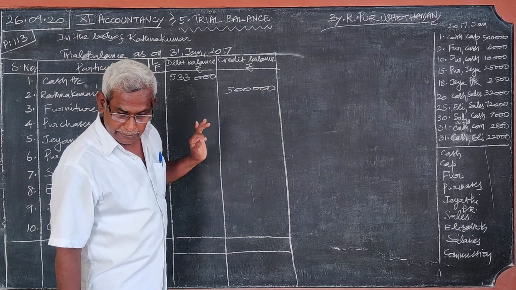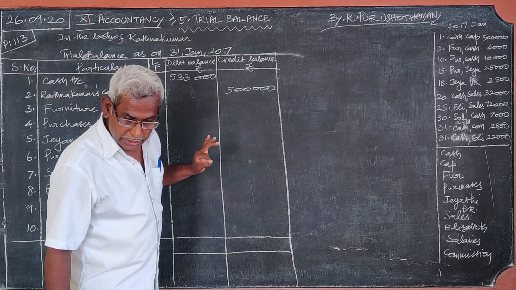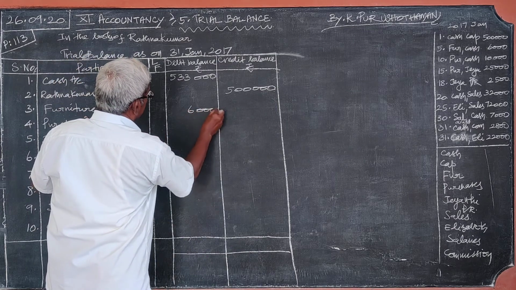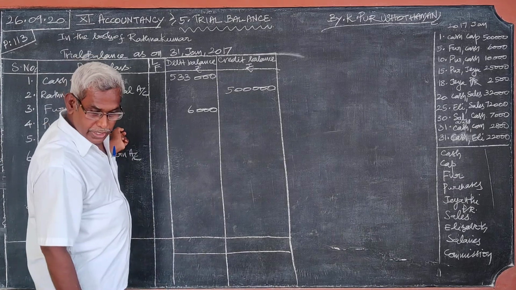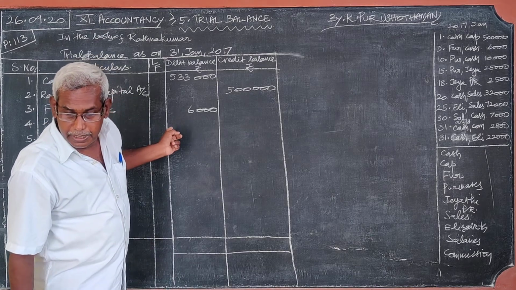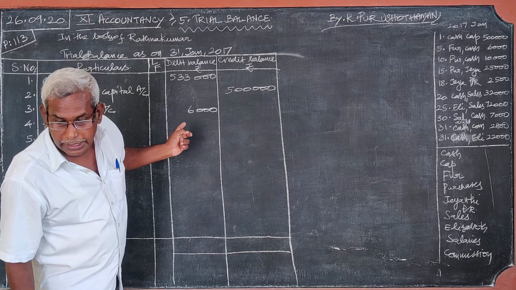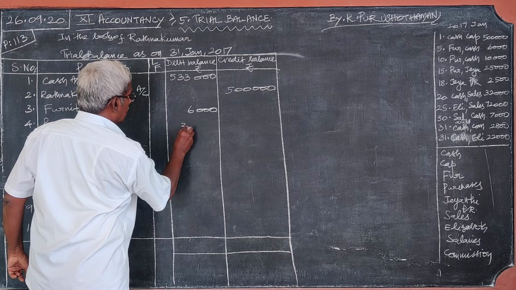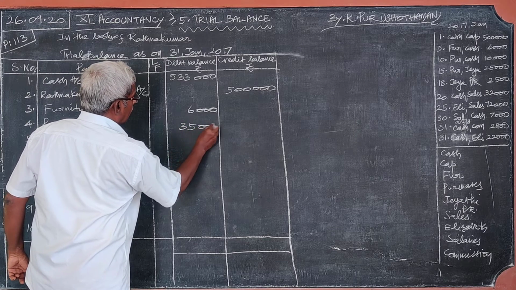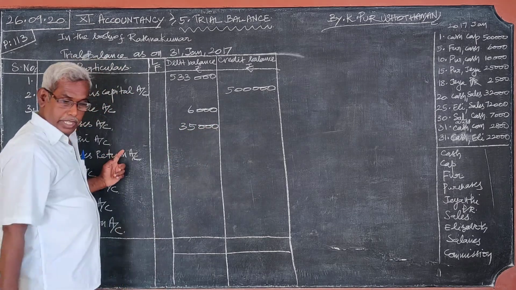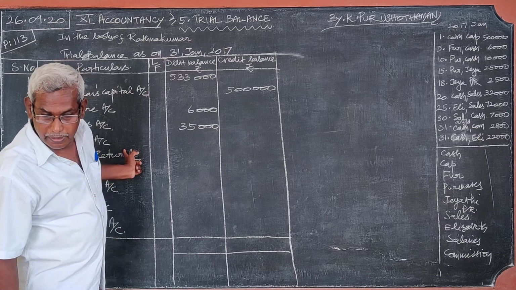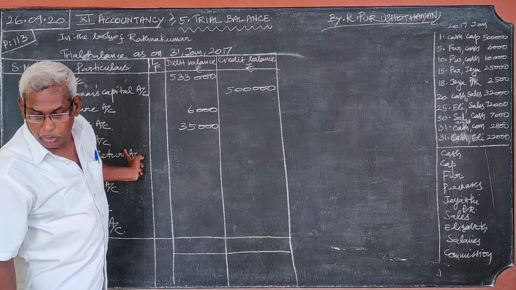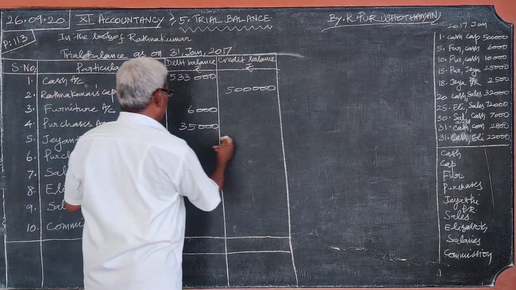Then for furniture, the brought down is on the debit side, therefore you write on the debit side. For purchases, the brought down is on the debit side, 35,000. For JNT account, the brought down is on the credit side, 22,500.